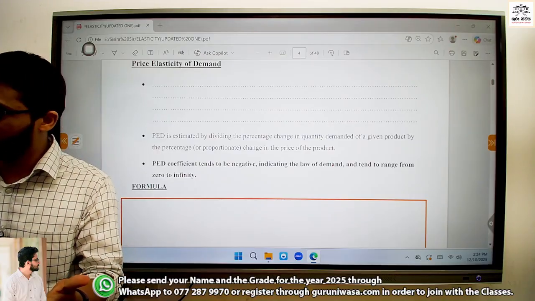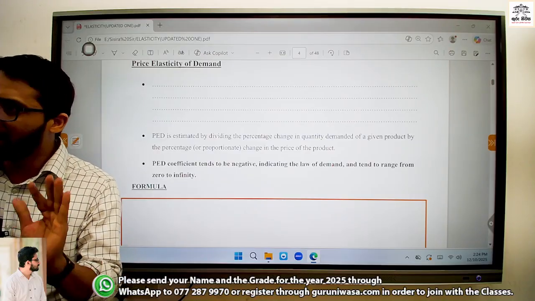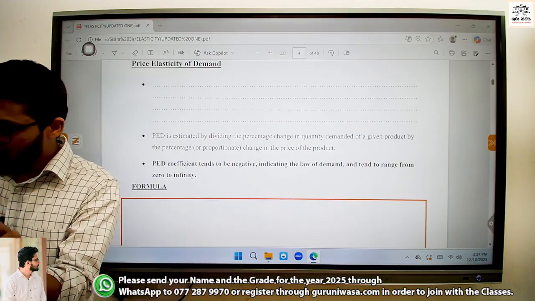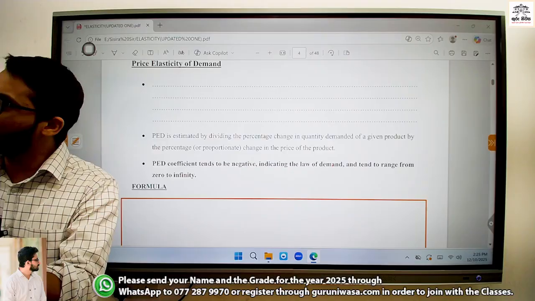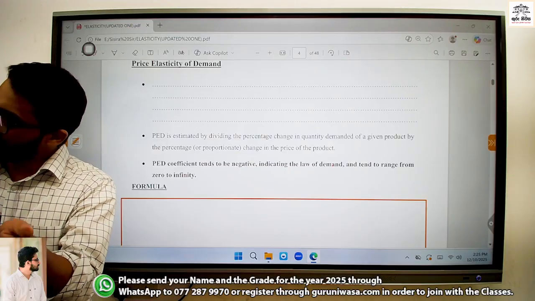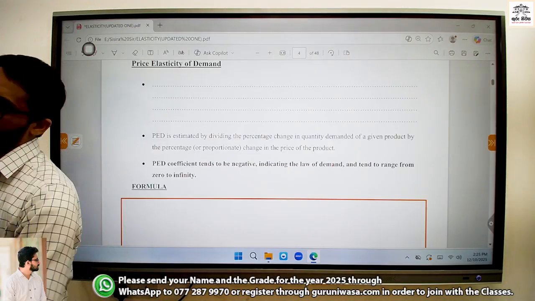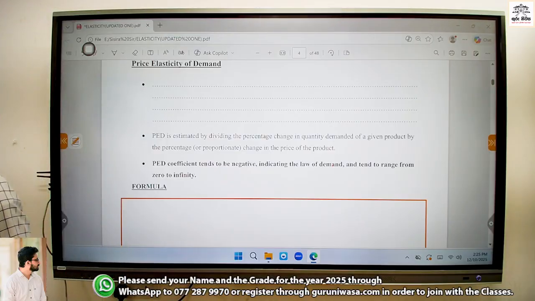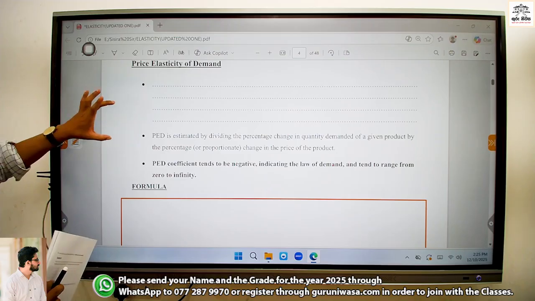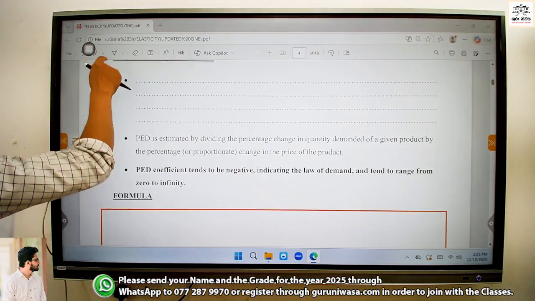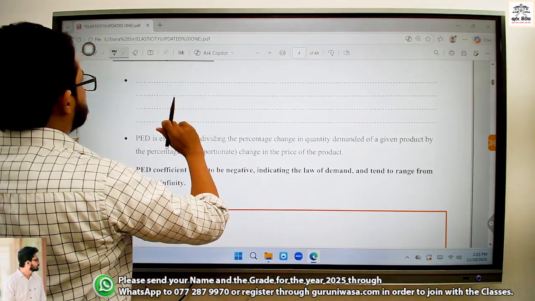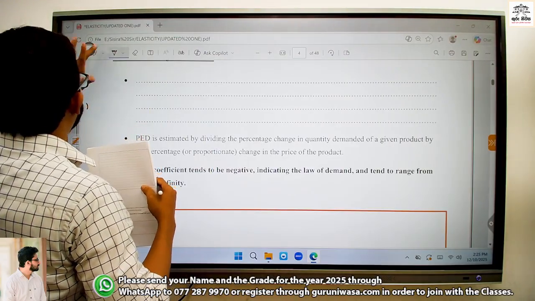And also the definition. Price elasticity of demand means it measures the responsiveness of the dependent variable. What is the dependent variable here? Quantity demand, to a change in price of the product concerned. Put a star mark and write down, Lamai. Price elasticity of demand. This is called PED.